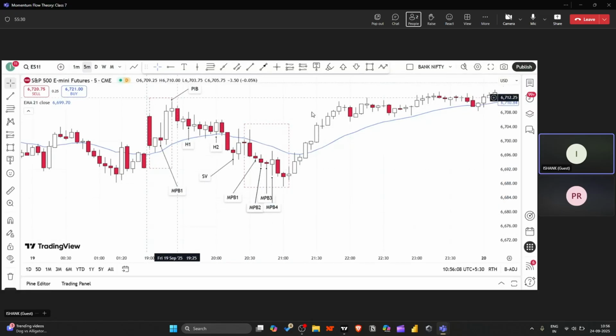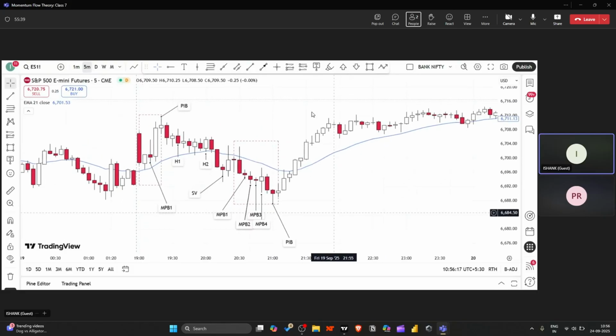Yeah, exactly. Now, which leg of the spike? I mean, what is the spike count? Is it spike one, spike two, spike three?